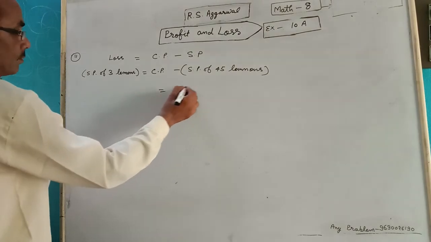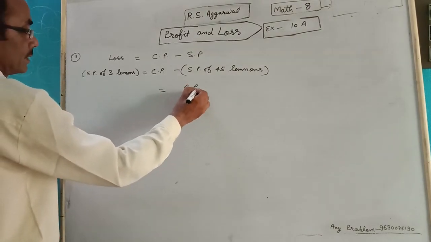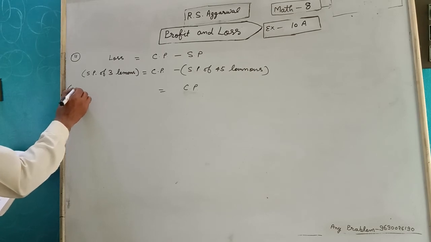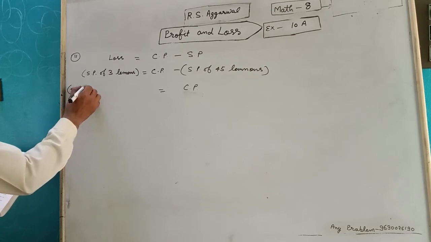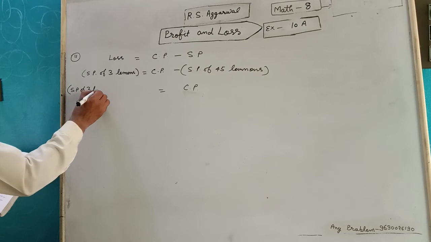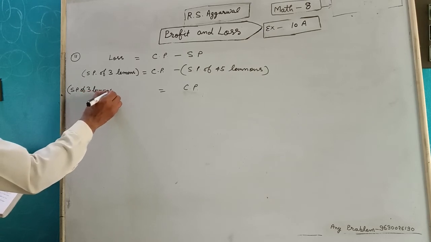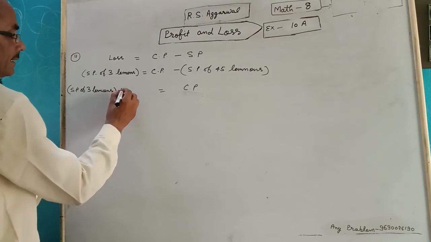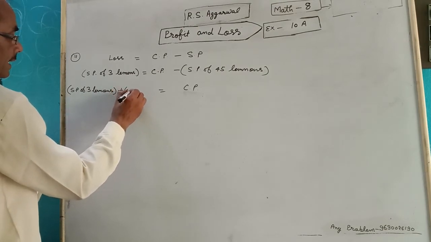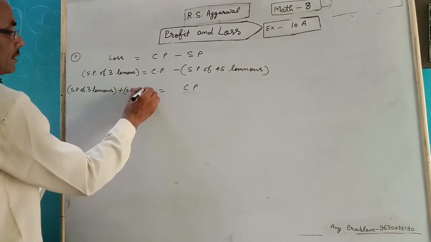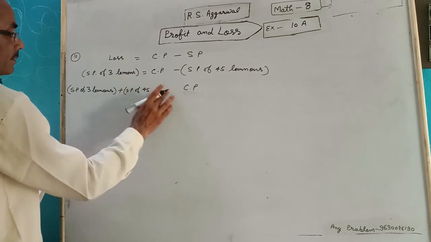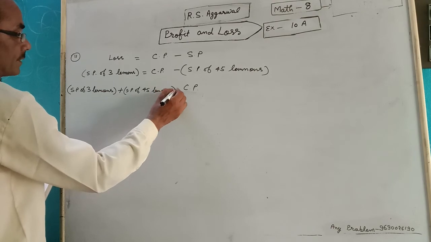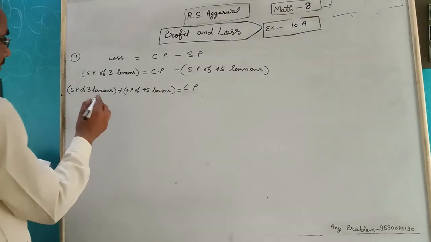CP will be SP of 3 lemons plus SP. Bring it to the left-hand side: SP of 45 lemons plus SP of 3 lemons is equal to CP.